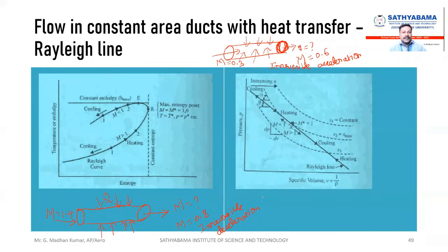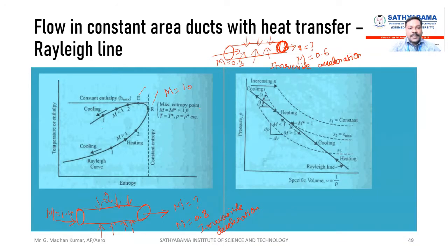Now let us consider the diagram on the left-hand side, with temperature or enthalpy. You are considering state 1 to 2, where the flow is subsonic. In this subsonic flow, the Mach number is increasing up to 0.3. At point R, the Mach number reaches M equal to 1.